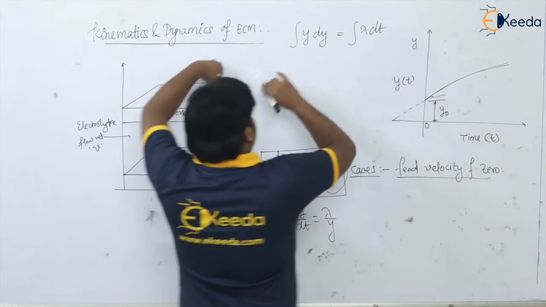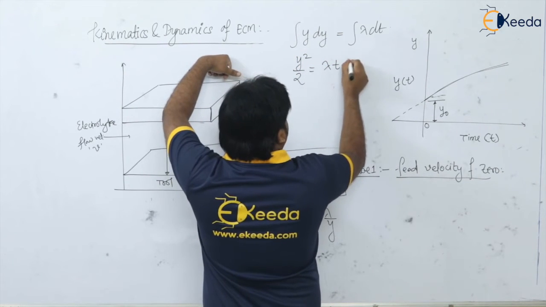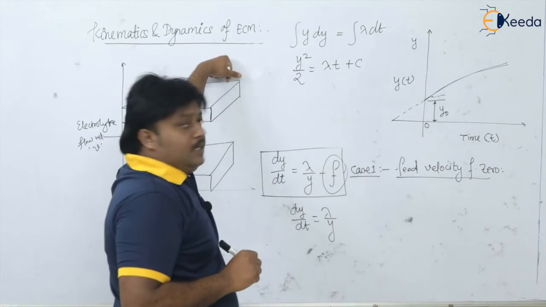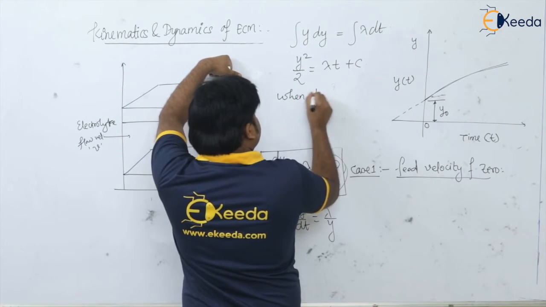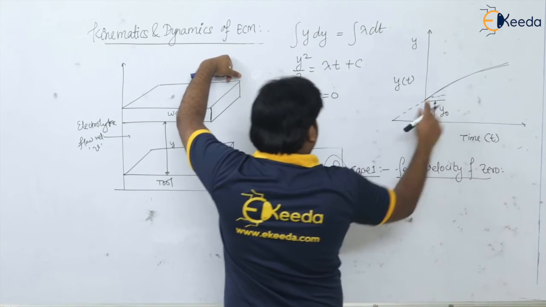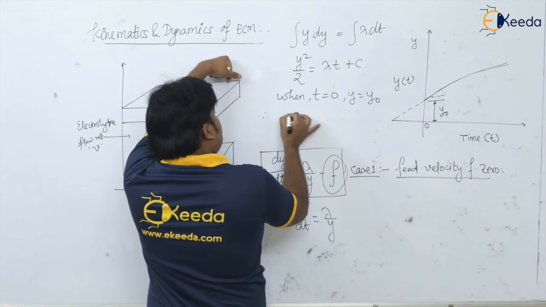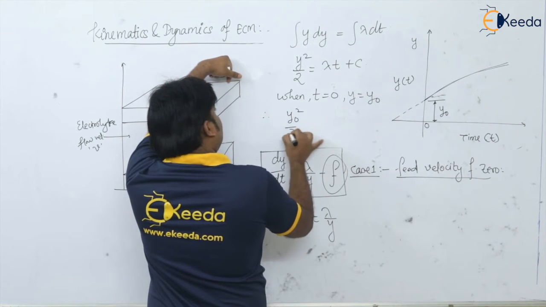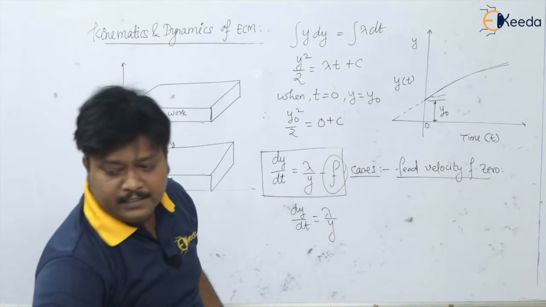So what is the integral of this? That is y square upon 2 is equal to lambda times t plus c. Now put the boundary conditions. When t is equal to 0, y becomes y naught. Therefore y naught square by 2 is equal to 0 plus c, isn't it?